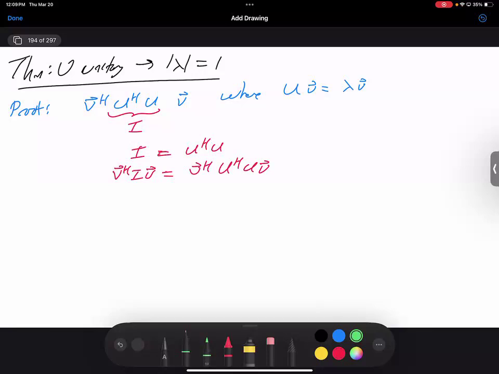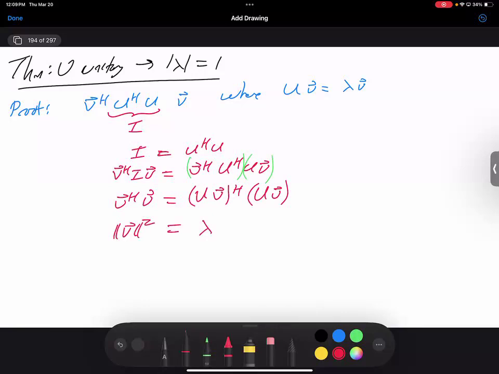And now what I can do is I can group things together. On this side, this is just V Hermitian V. And on this side, this is the same as UV, take the Hermitian of that, with UV. And so this is just the length of V squared.